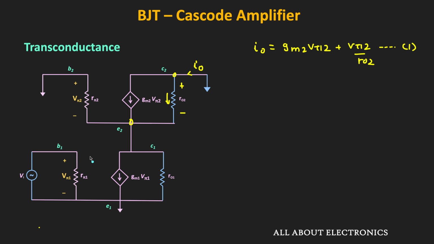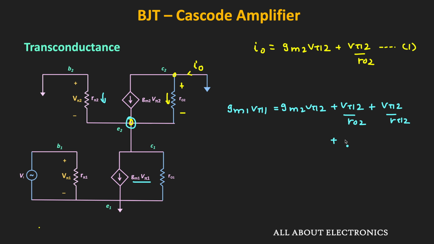Similarly, now let us apply the KCL at this node. Then we can write Gm1 times Vpi1, that is this current, is equal to Gm2 times Vpi2, that is this current, plus Vpi2 divided by R02, that is this current, plus Vpi2 divided by Rpi2, that is this current, plus Vpi2 divided by R01, that is this current.